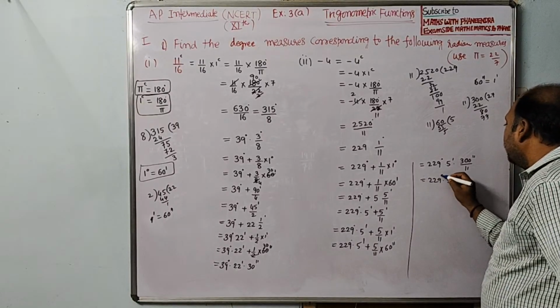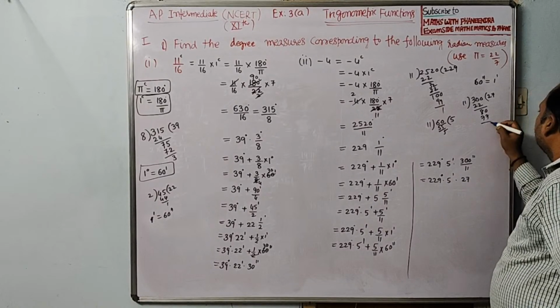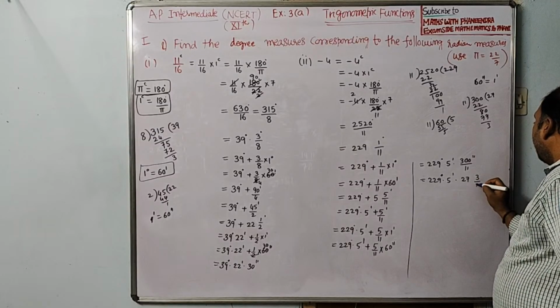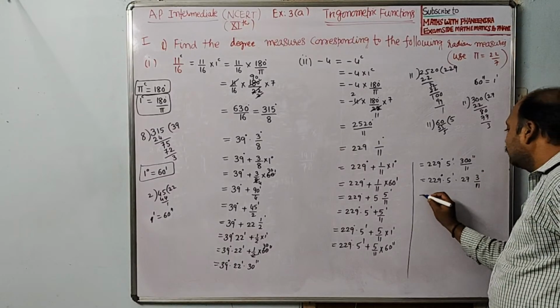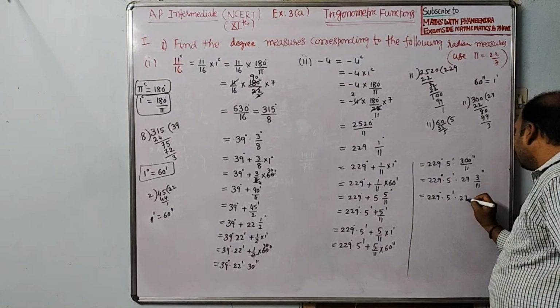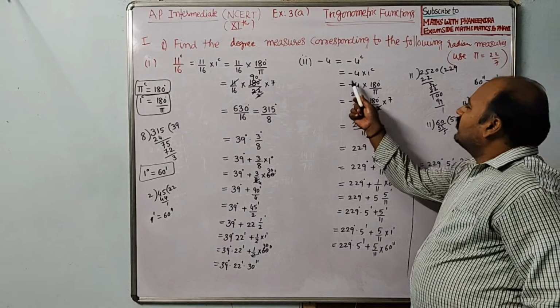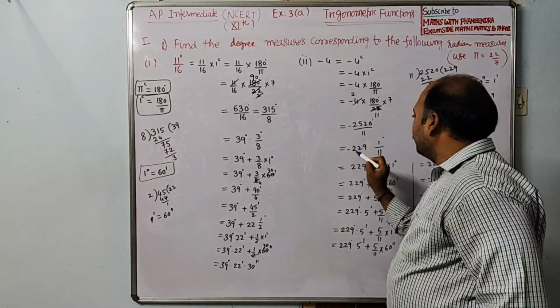So 229 degrees 5 minutes 27 and 3 by 11 seconds. So 229 degrees 5 minutes 27 seconds. Just approximate we are writing, dear students. We can leave it. Why? Because here, I am very sorry, minus is there. Now throughout minus you can keep.